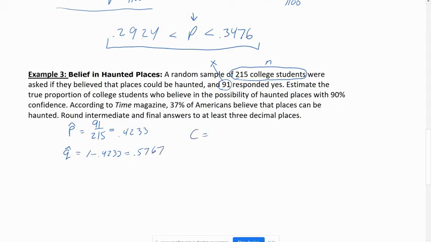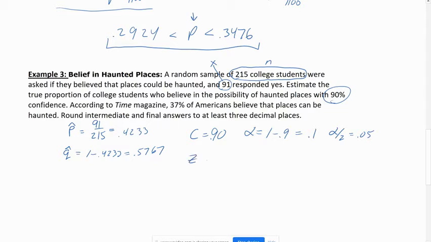Our C value is, reading on, it says, estimate the true proportion of college students who believe in the possibility of haunted places with a 90% confidence. So C is 90%, so 0.9. And so that means alpha is 1 minus 0.9, which is 0.10. And alpha over 2 equals 0.05.